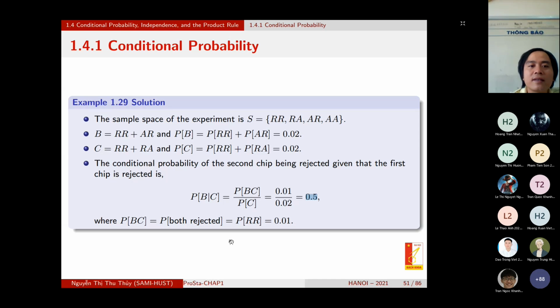And the probability of B and C, that is, both of the two circuits are rejected, RR, is 0.01.